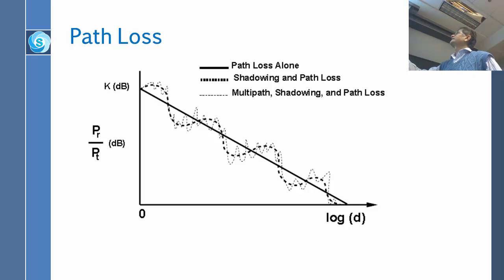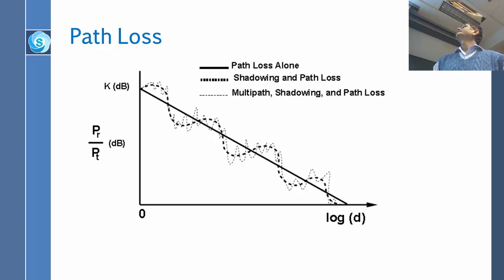So this will be a straight line, but it is actually not a straight line, it is like this. The thin dotted line that you see, that is the one we are talking about. That is how the power will look if we were to measure the power. So first thing you can do is ignore the small scale fading, and you get this thick dotted line, and then if you ignore the shadowing, then you get a very thick straight line.